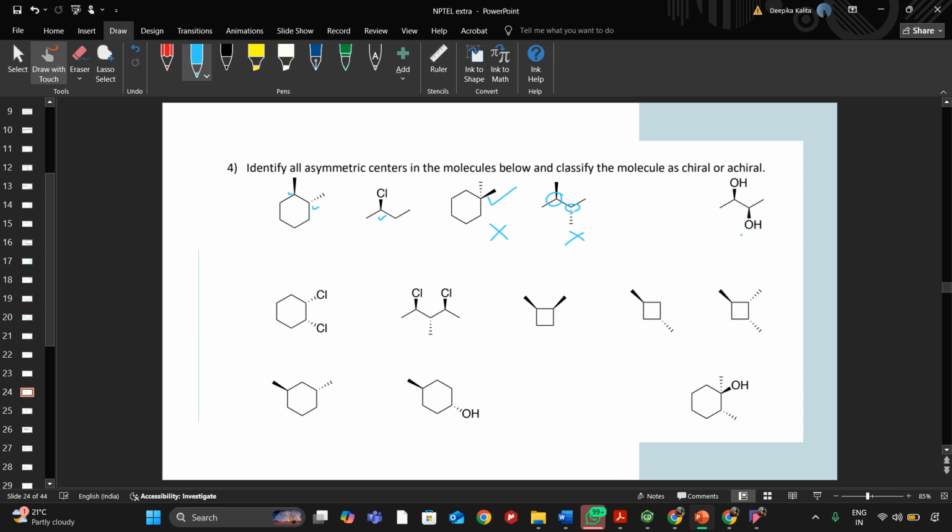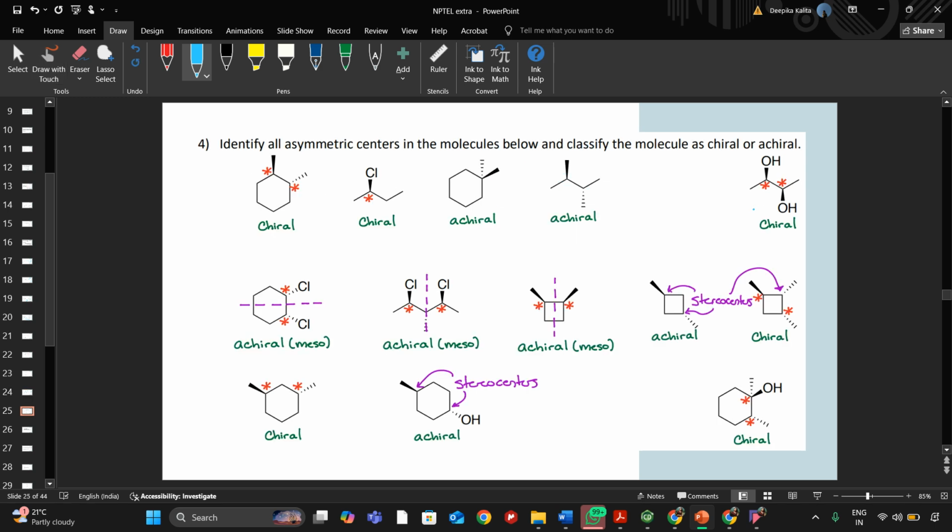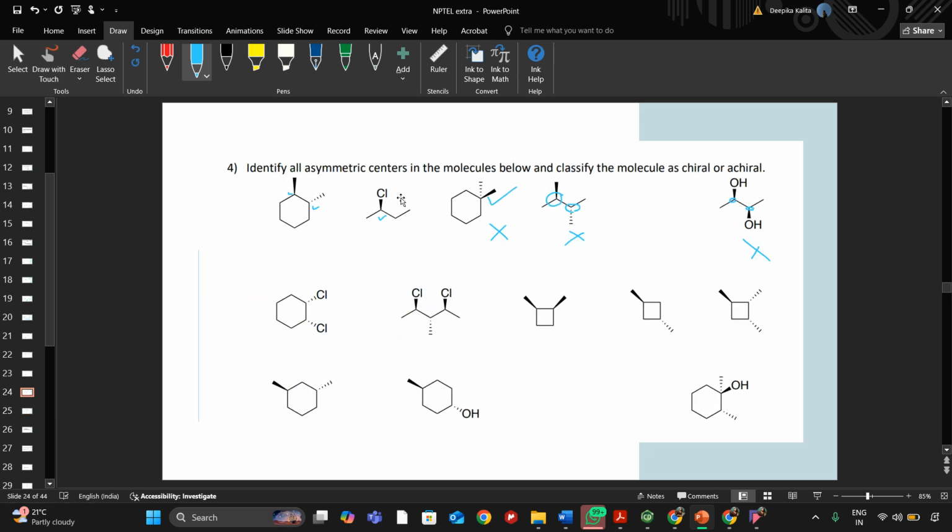This one as well is highly symmetric and it is achiral, although it contains asymmetric carbons, but it is going to have a plane of symmetry. Here also, these two are the asymmetric carbons, but it has a plane of symmetry, so this is going to be achiral and a meso compound.